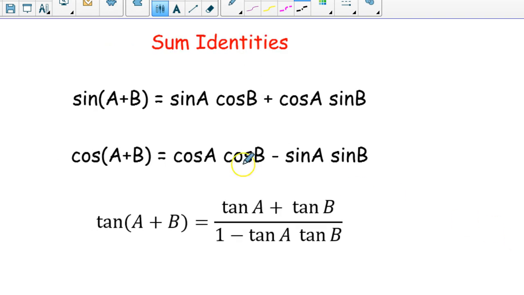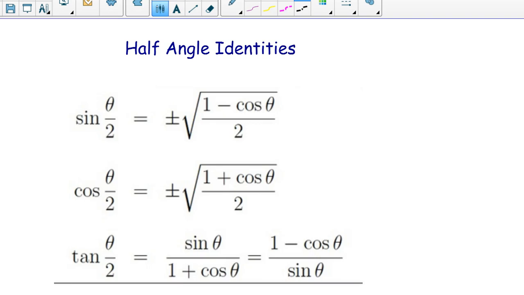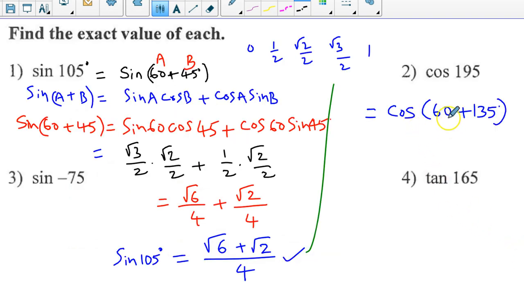Cosine A plus B is cosine A cosine B minus sine A sine B. So in this formula we will apply. For A it is 60 and B is 135. Either way that is fine. So cosine 60 times cosine 135 minus sine 60 sine 135, and find the values by referring to your unit circle and substitute and simplify to give you the answer for cosine 195.